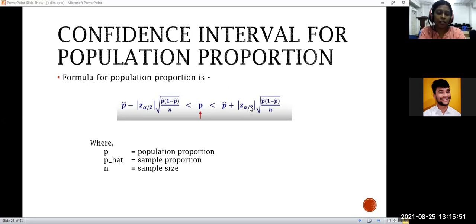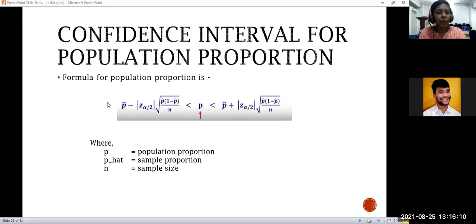So there is a difference in the formulas as well. The structure is almost the same, like x bar minus z alpha by 2 into the standard deviation by square root of n, and upper limit is x bar plus the margin of error.